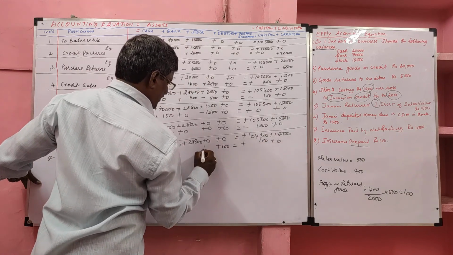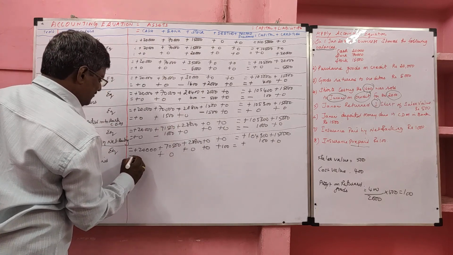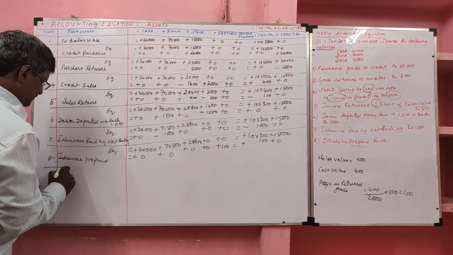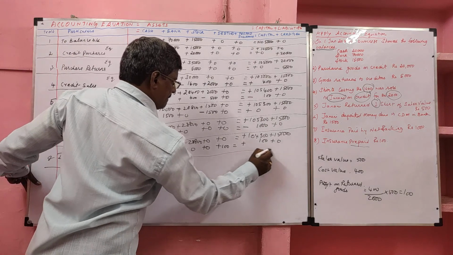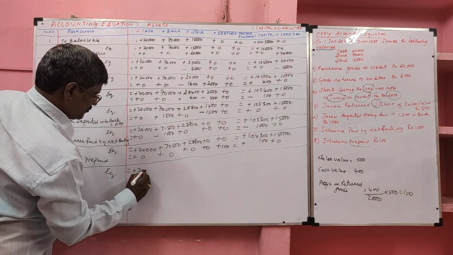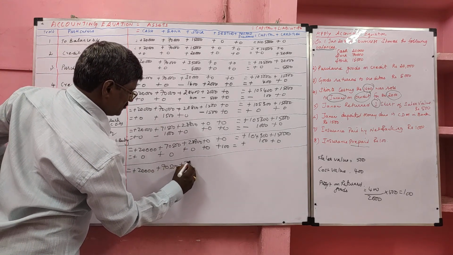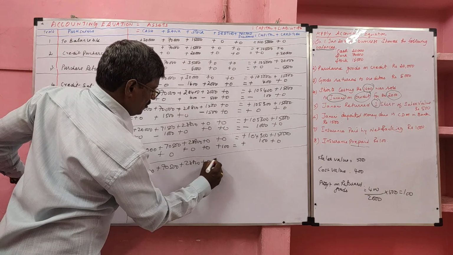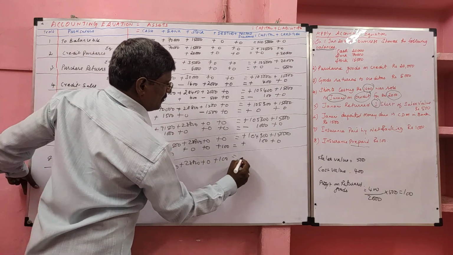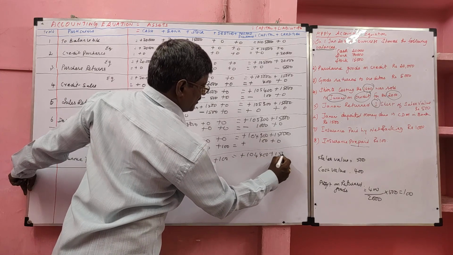Other item we can mark as 0. Balancing equation plus 20,000 plus 70,500 plus 28,800 plus 0 plus 100 equal to plus 104,400 plus 15,000.